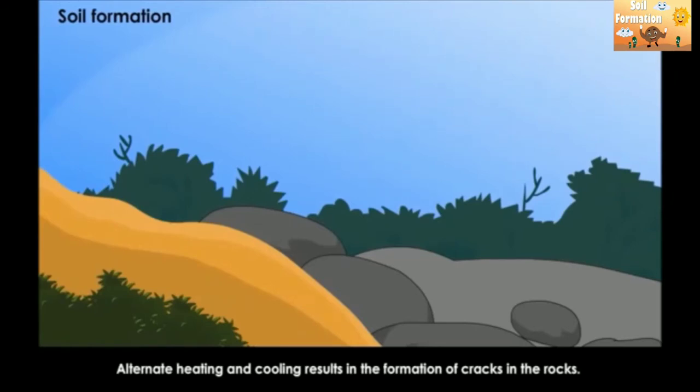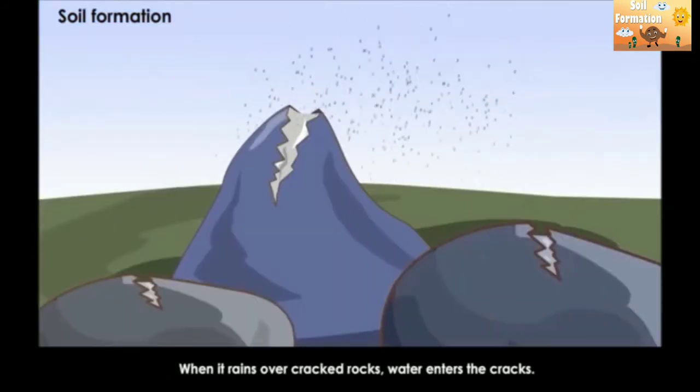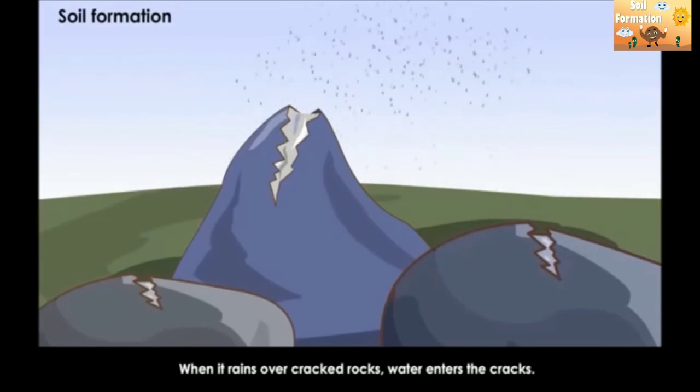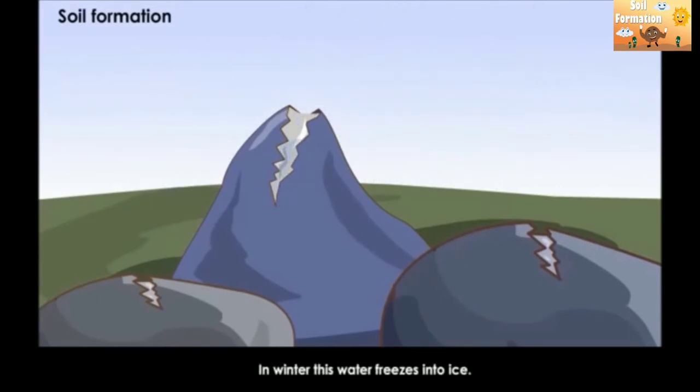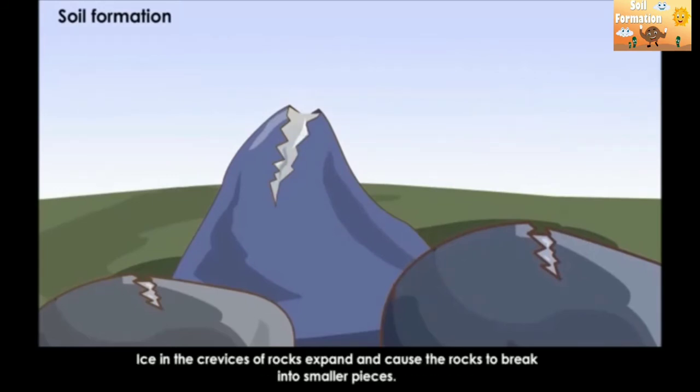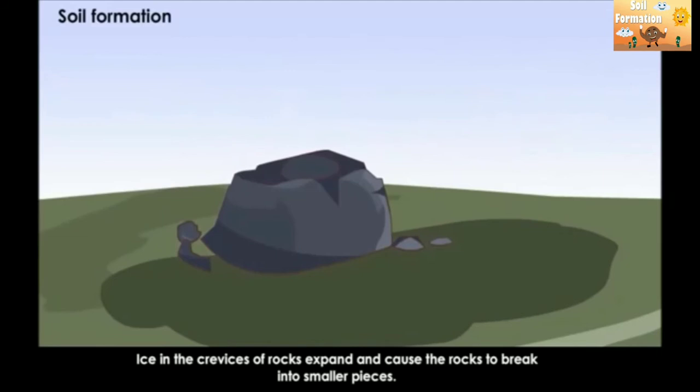When it rains, the cracks were filled with water, which later froze. In winter, this water used to freeze and turn into ice, which helps the rocks to break down into smaller pieces, contributing to soil formation.